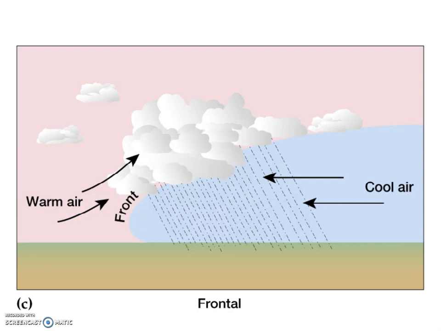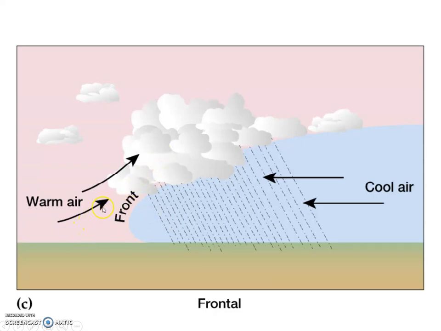The third type of lifting is called frontal uplift. This is uplift that occurs when a warm air mass and a cool air mass meet. A front in meteorology is when warm air and cool air come together. So in this case, when a warm air and a cool air mass meet, the warm air is pushed up. The warm air is less dense, and so the cool air slips underneath it, pushing the warm air up.